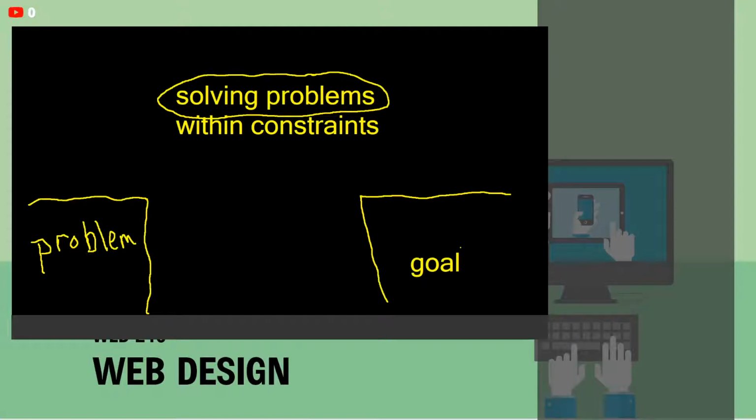And the way that we choose to bridge this gap, and the effort that we put in to get from point A to point B, is our design, right? It is the point where we are solving these problems.